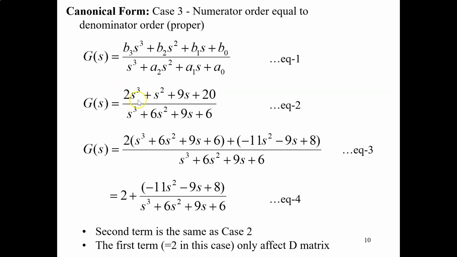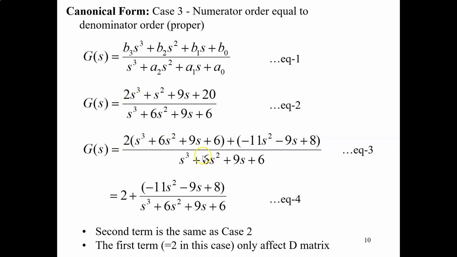So I will look at what is in the denominator and write the whole denominator up. Because I have a 2s cubed, I'll take the 2 out, and s cubed is that s cubed.